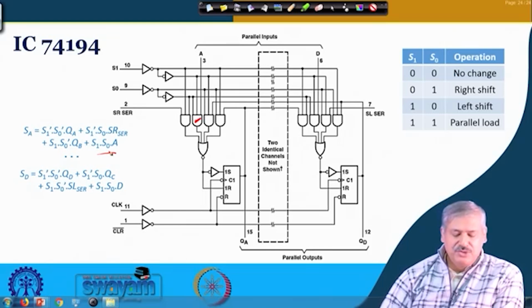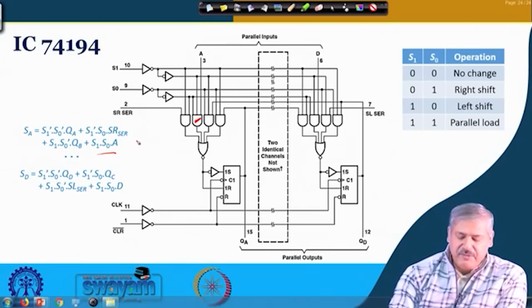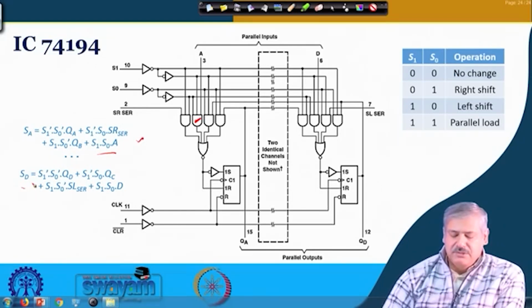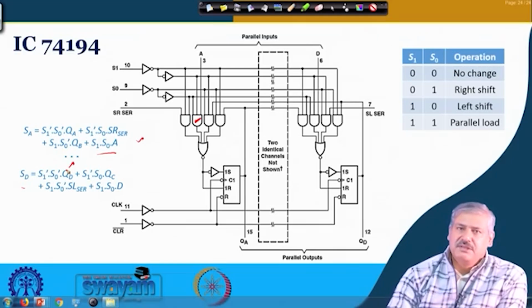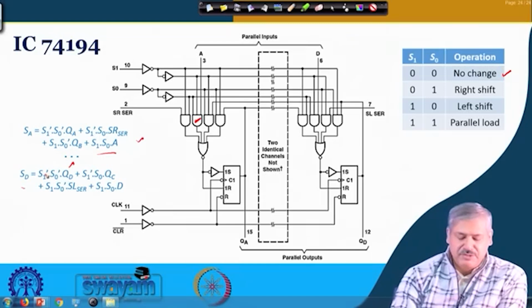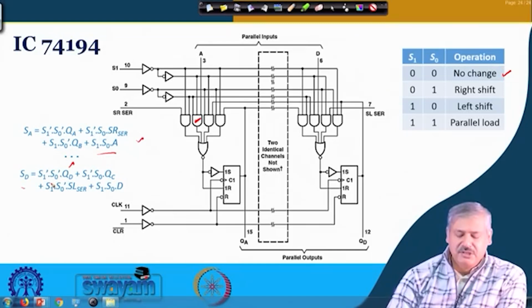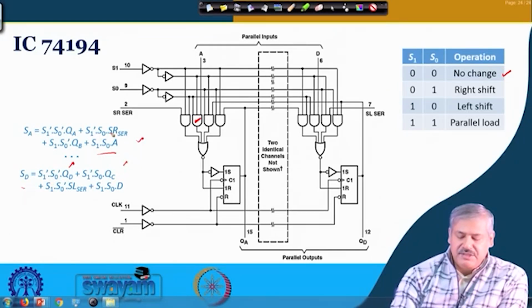Right. So, this is happening for QA; for the other cases, you can see the first one is self loading. I mean, its previous value is loaded. So, that is the no change case, with S1 and S0 both being 0 0. The second case is shift right.